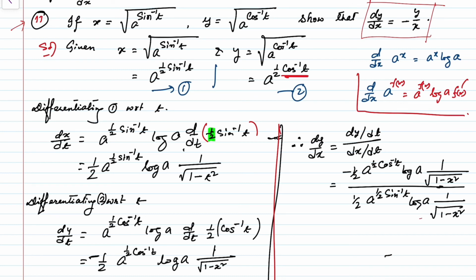It will be cancelled here, this one gone, log a gone, then half gone. So here we have got minus a to the power half cos inverse t, we can write this as root over a to the power cos inverse t.